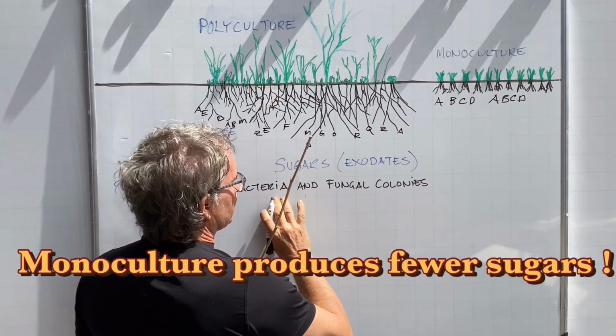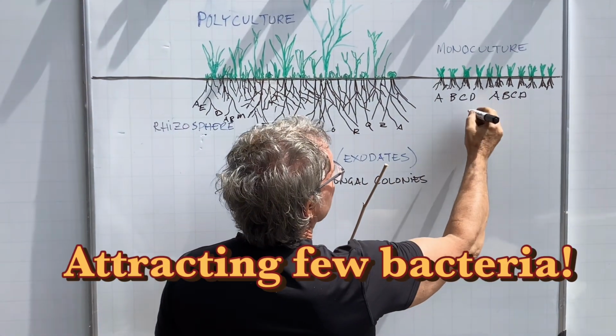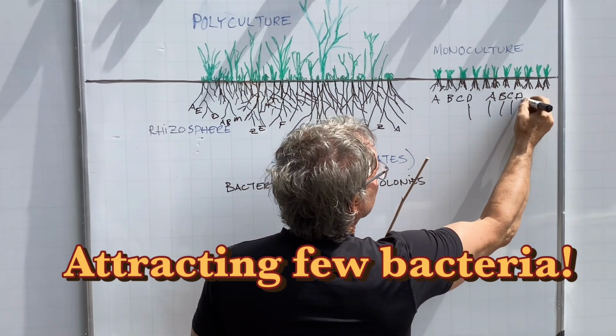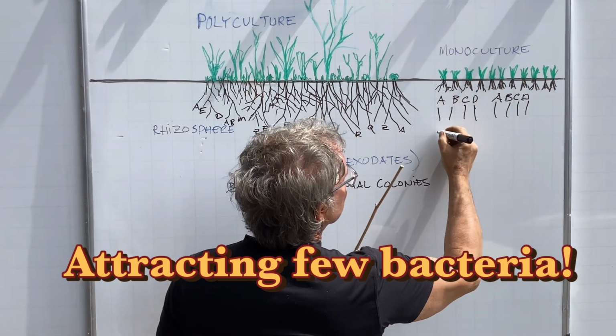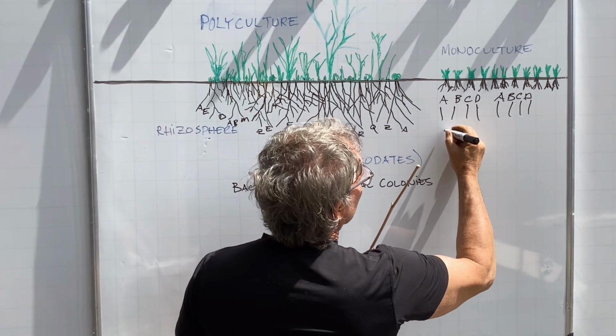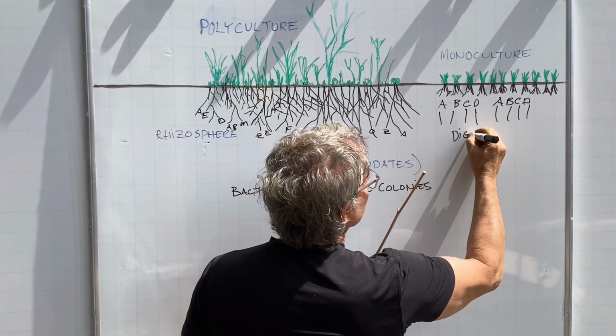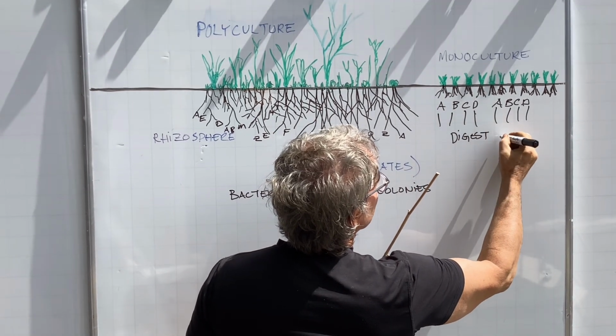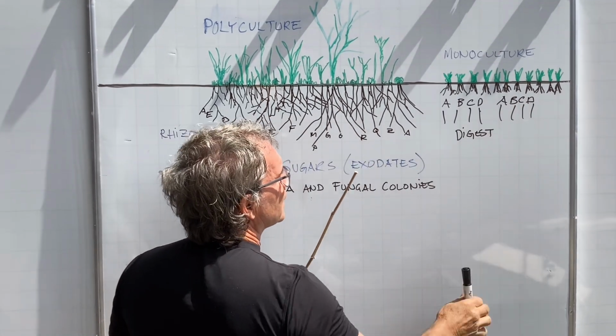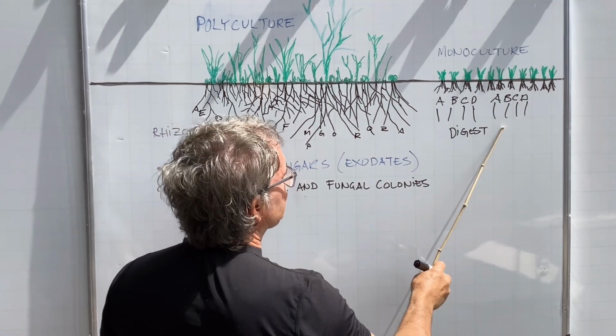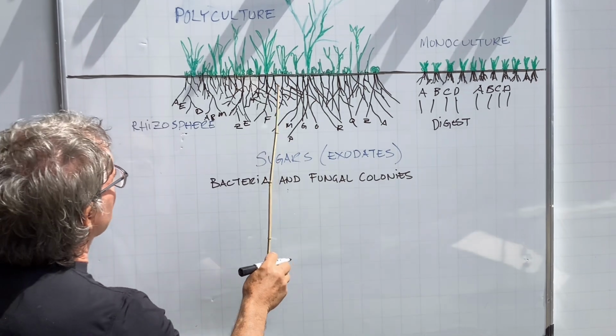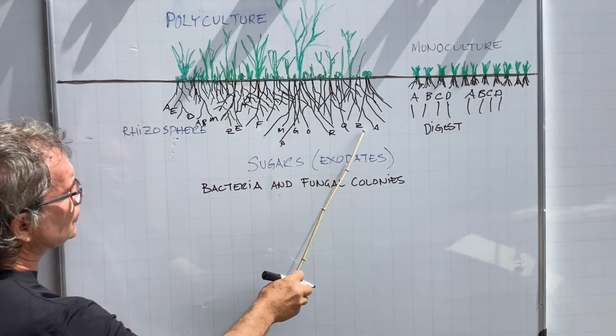So these bacteria and fungi, they only have this diversity to digest. So they can only digest a small number of sugars. In this area, in the polyculture, you have all these different sugars.